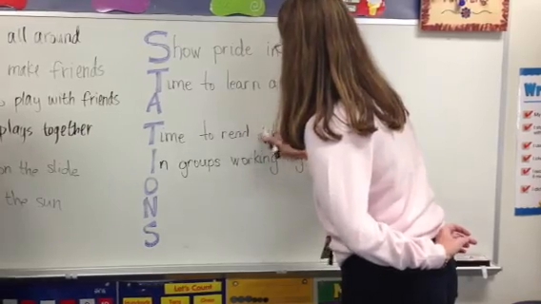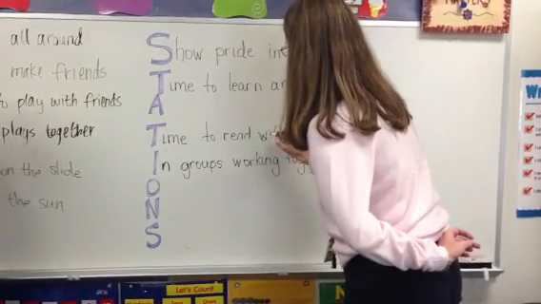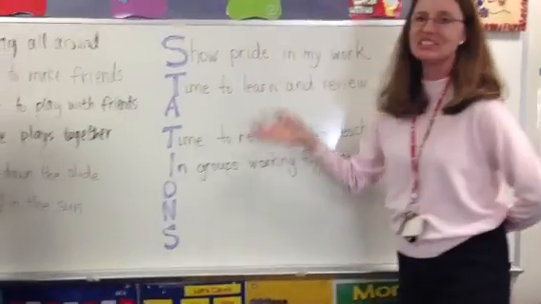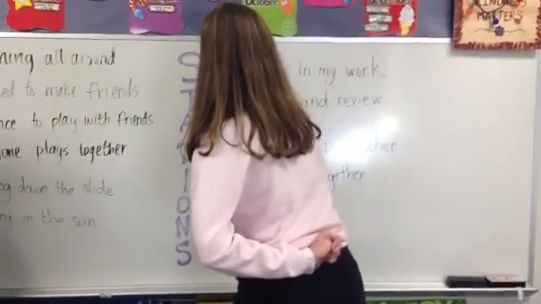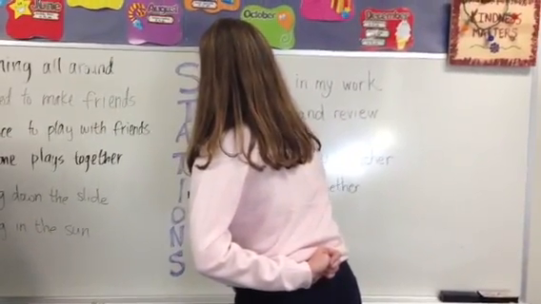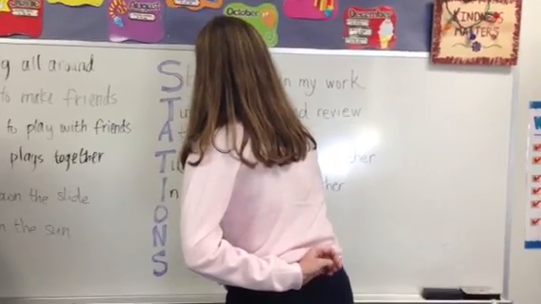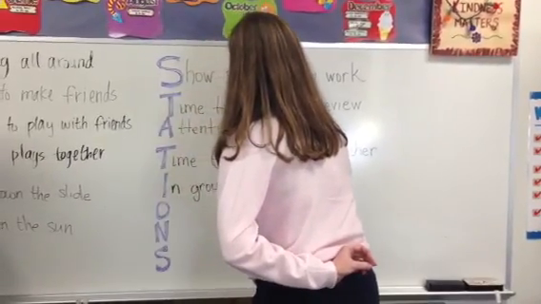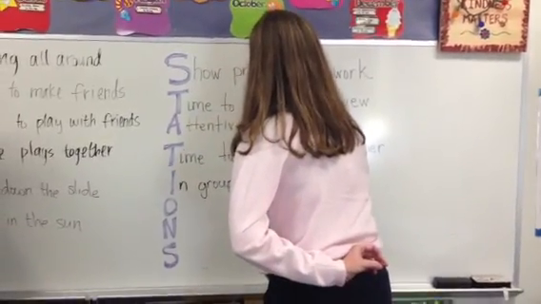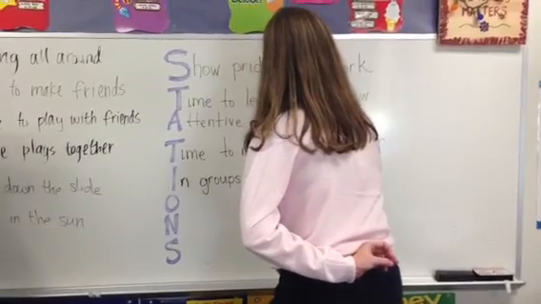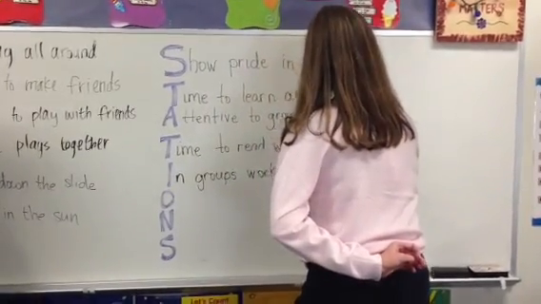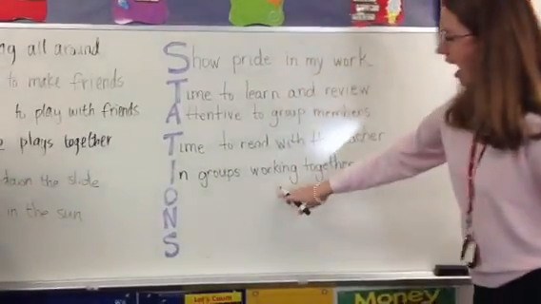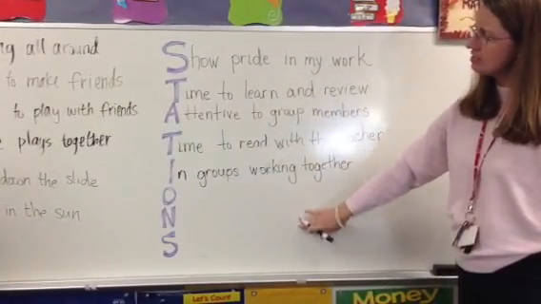So I can't say A for apples because even though A is the beginning of apples, that doesn't have anything to do with stations. So I'm going to think of A, and this is kind of a big first grade word, but A for attentive. That means I pay attention to the people in my group. So A, attentive to group members. I pay attention.